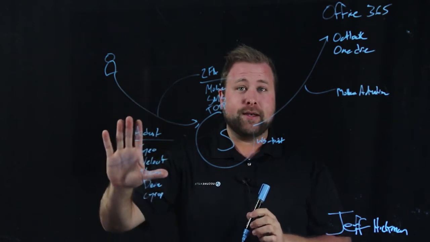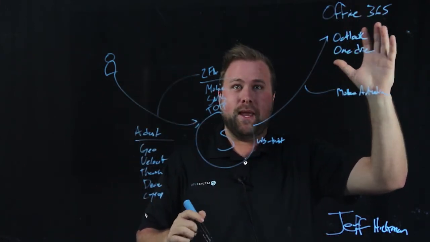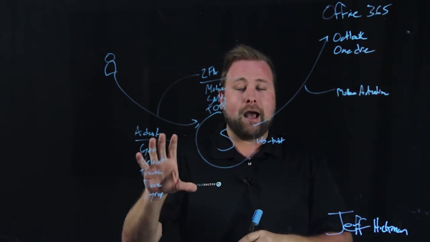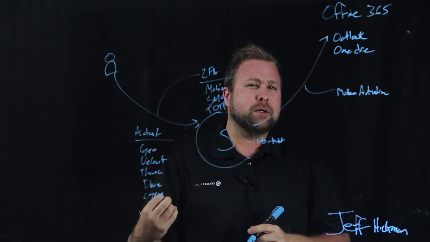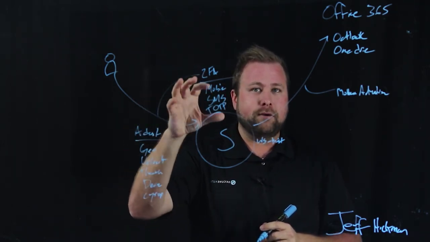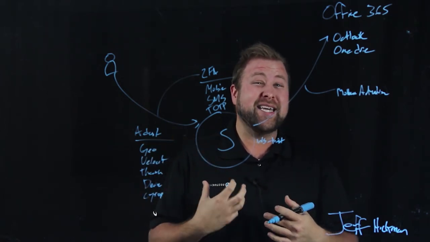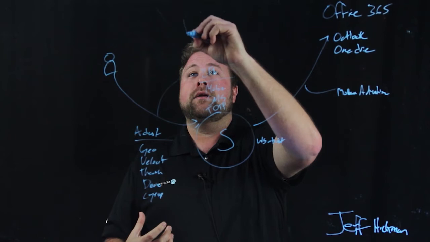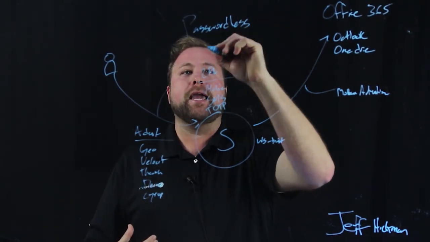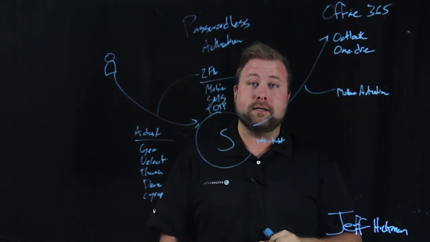By putting adaptive authentication and two-factor authentication in front of your Office 365, which may contain really sensitive data for your organization, that allows you to not worry so much about the password. Maybe take a back seat to it to allow the context and the two-factor to take over. In fact, if you really wanted to, something that we are really excited about is enabling passwordless authentication into Office 365.